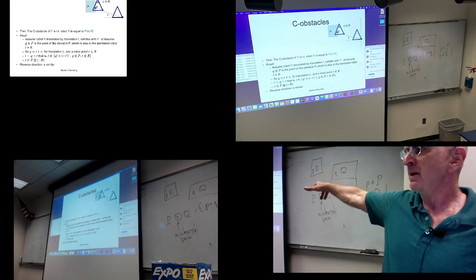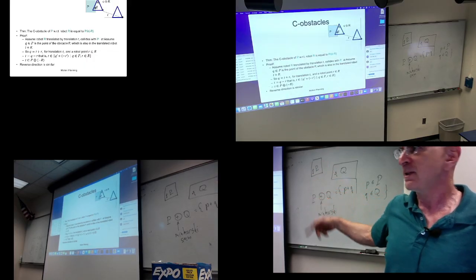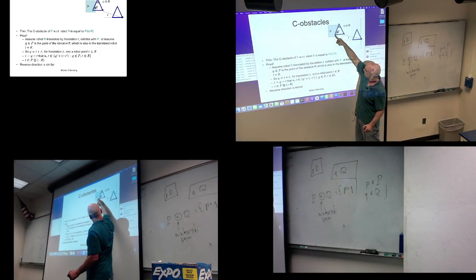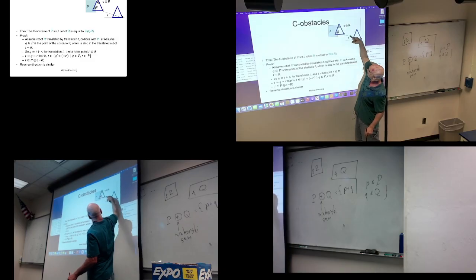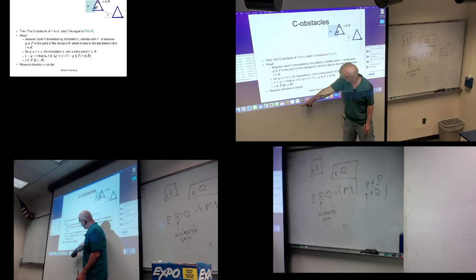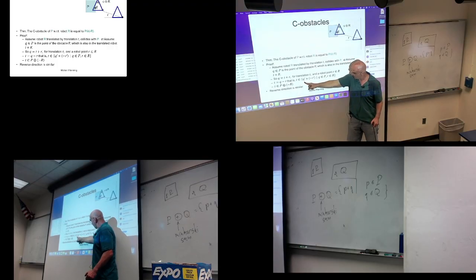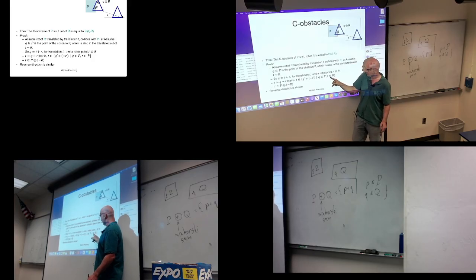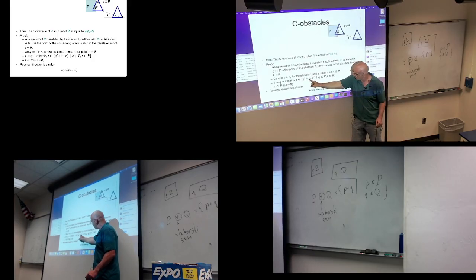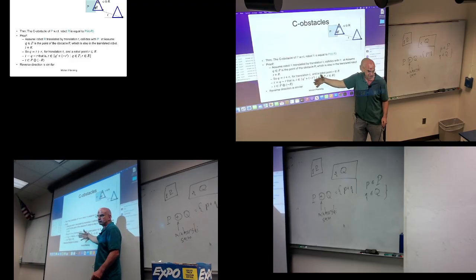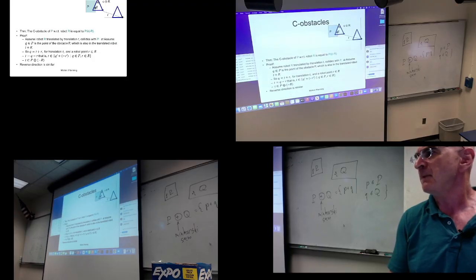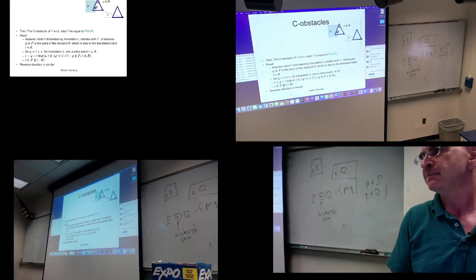There is no smartness here. It's just writing what the Minkowski sum is. If there is some point q which belongs to T plus the robot, then the translation T must belong to the following set: take all the points in the obstacle, take all the points in the robot, and take the point in the obstacle minus the point in the robot, which is exactly the definition of the Minkowski sum. Of course, the same point T might be generated multiple times in this double loop.